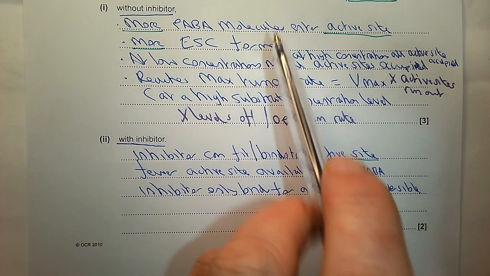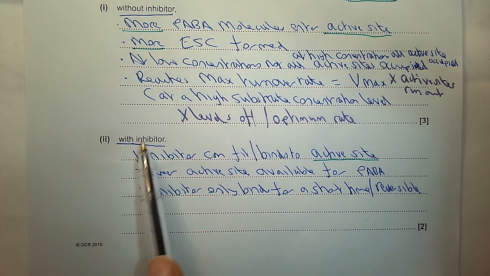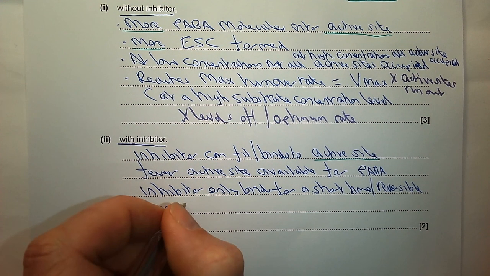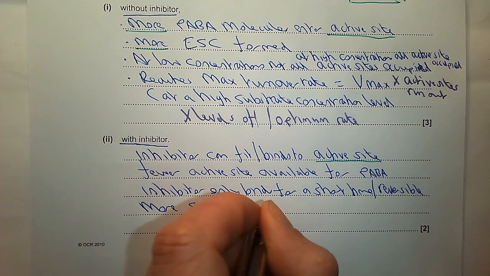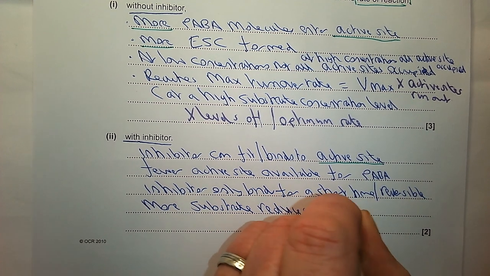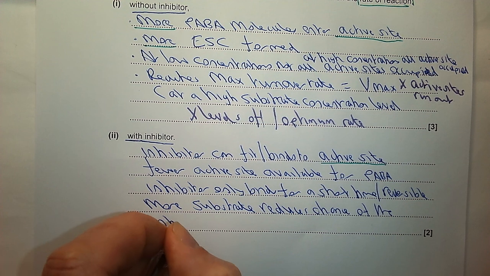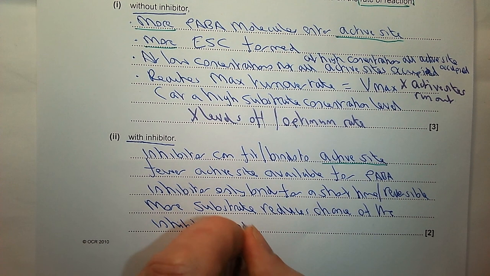And the more we increase the substrate concentration, that reduces the chance of the inhibitor binding with the active site. So more substrate reduces the chance of the inhibitor binding with the active site.